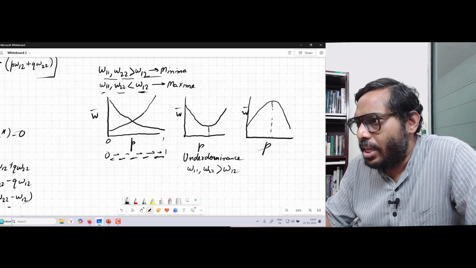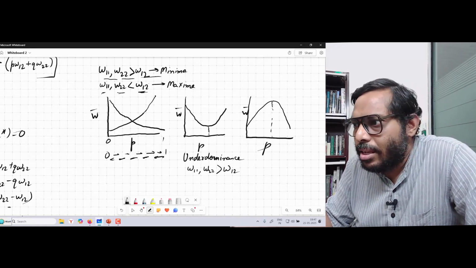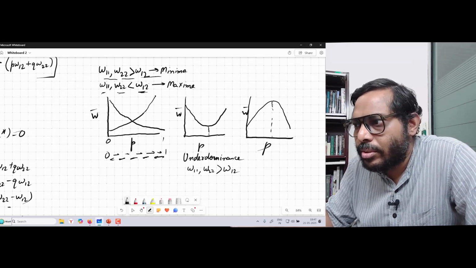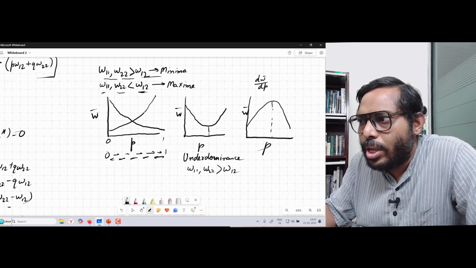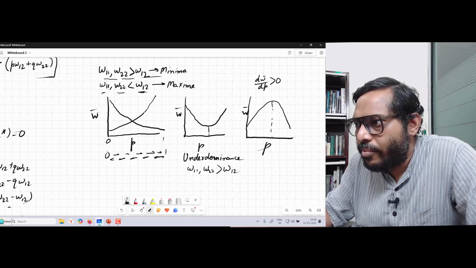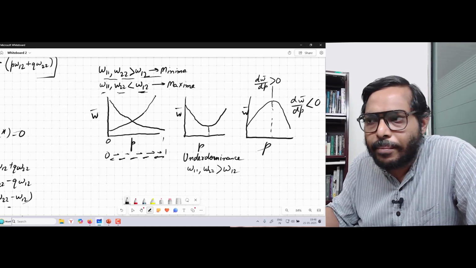In this particular case, what is happening? On the left side, the slope of this curve is positive at all the points. Slope means dW bar/dp. So dW bar/dp is greater than 0 to the left, and dW bar/dp is less than 0 to the right.